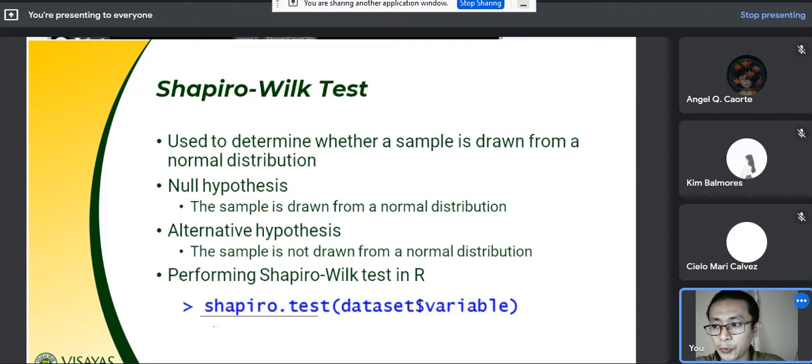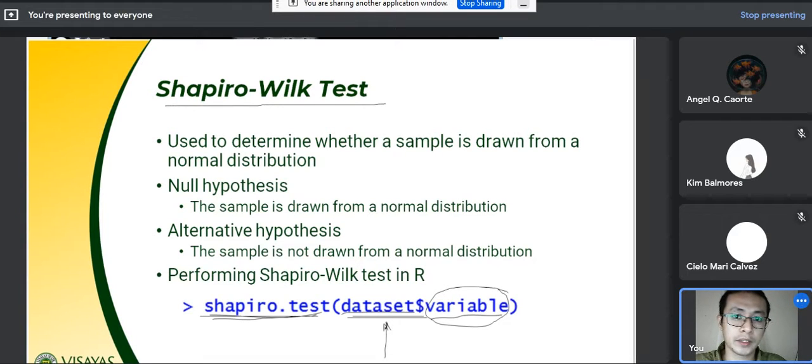What we're going to pass inside our shapiro.test function is of course our data set that we are going to use in this Shapiro-Wilk test. And then after identifying our data set, we are going to identify which variable we are going to use. So here is your data set name, and then the column, or the variable name, that you are going to use to perform your Shapiro-Wilk test.